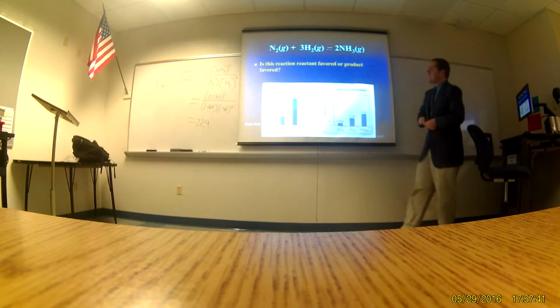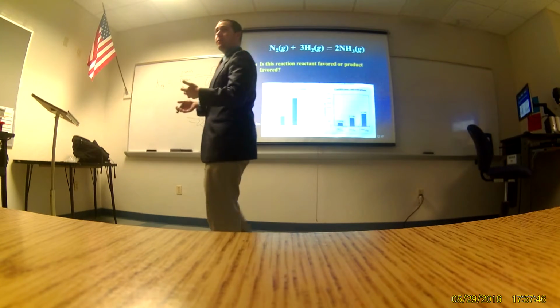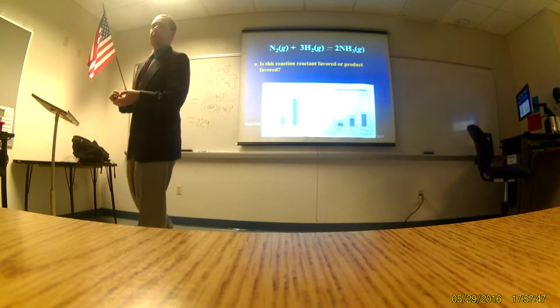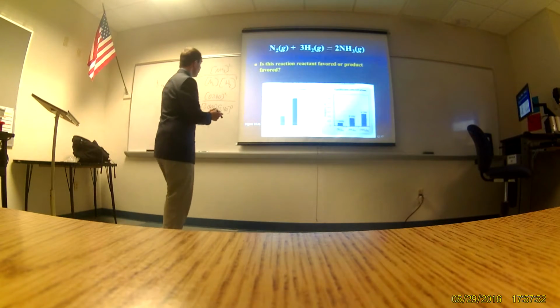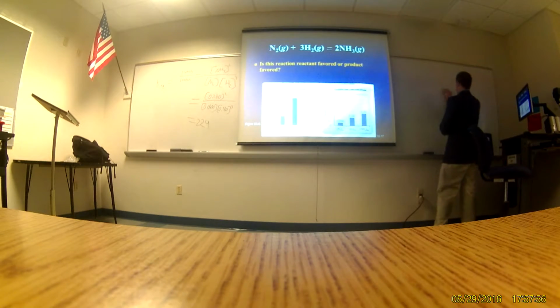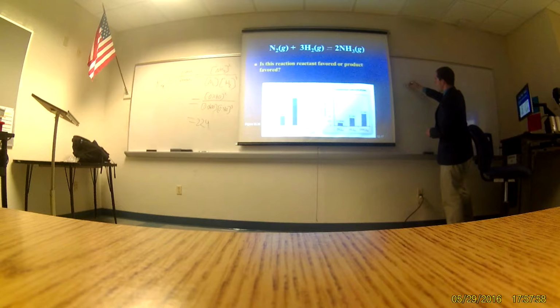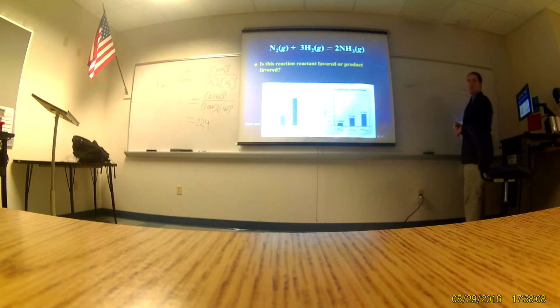Now we're going to take these numbers and say whether the reaction is reactant favored or product favored. When we say reactant favored or product favored, we're thinking about the reaction on a spectrum. We have the reactants here, and the products over here, with a line connecting.